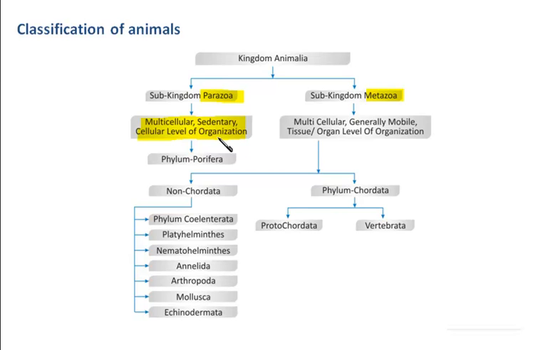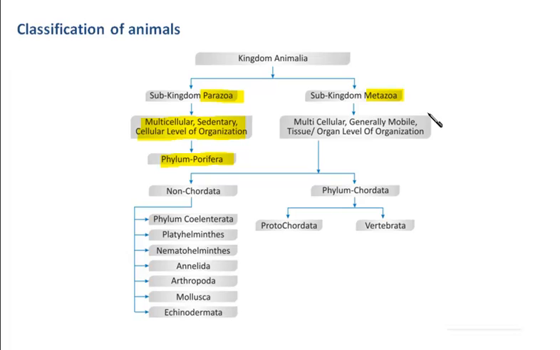Right. And besides this, they are having a cellular level of organization. That means what? The tissues or different type of parts or this differentiation has not taken place in such type of organisms. And such type of group or such type of organisms, they constitute a single phylum which is known as the phylum Porifera. So the very first phylum that we will study later is the phylum Porifera.